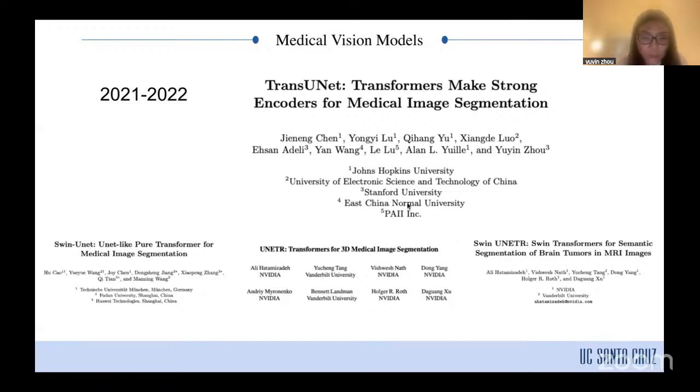So this was our paper. Some follow-up works after our TransUNet are Swin UNet, UNETR, and Swin UNETR. These are all different variants of combining the very successful vision transformers with the previous successful convolution-based UNet architecture.